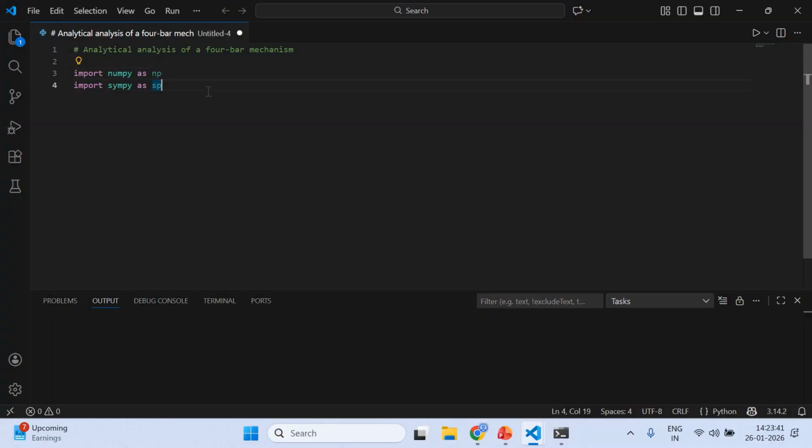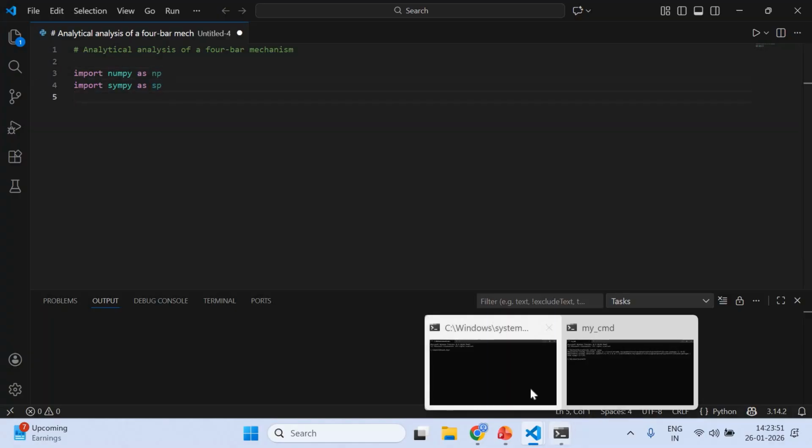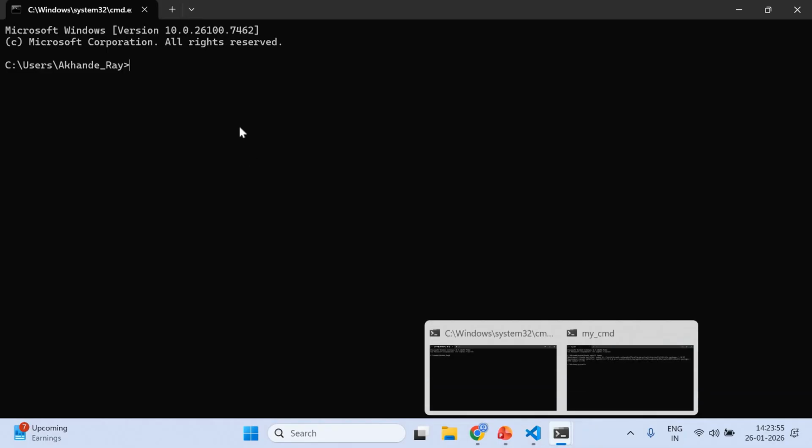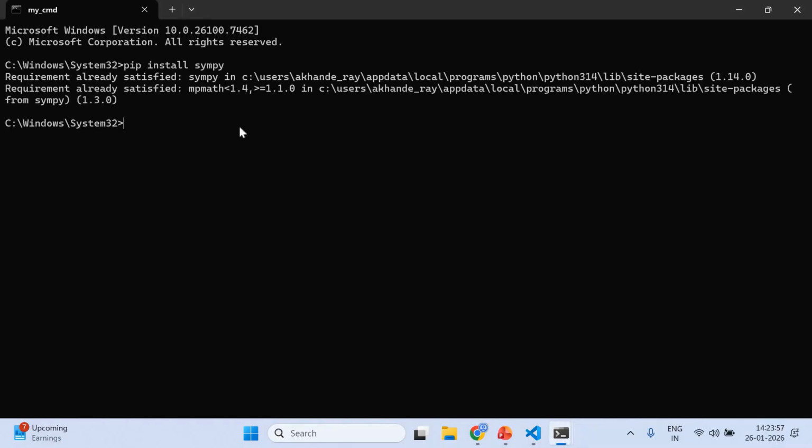Let us type this. To access this Sympy library, you simply go to your command prompt and type here pip install Sympy. Now it's very important to note at this point, while installing Python, you have to tick mark the option allow pip to access the path environment variable, right?